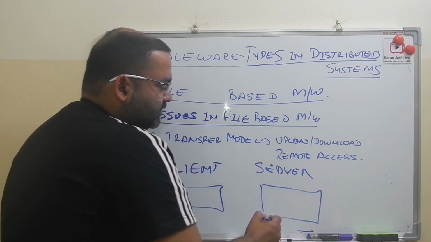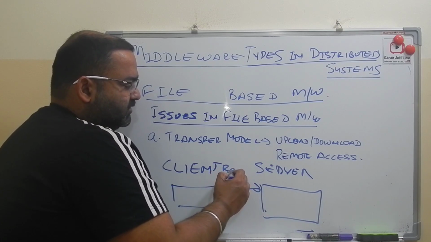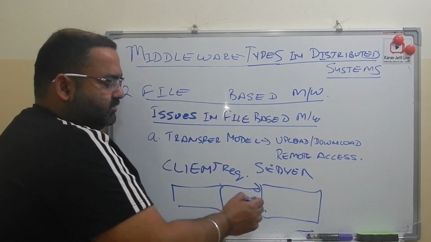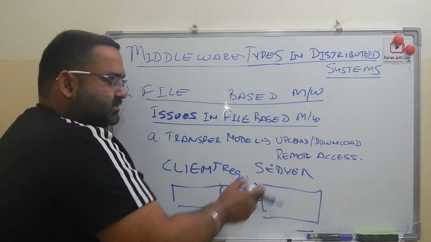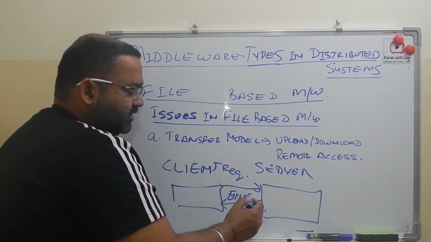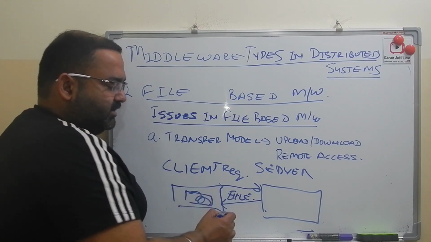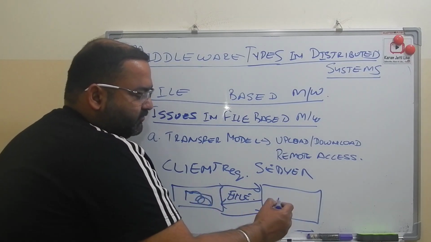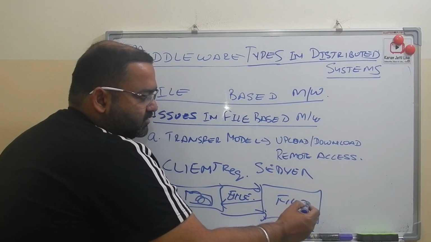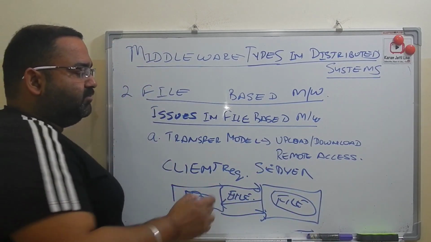The client requests a file from the server. The server sends the file to the client. The client makes changes to the file, and again the client uploads the modified file back to the server.